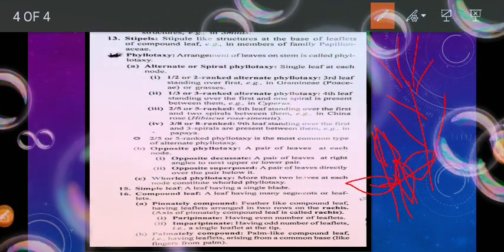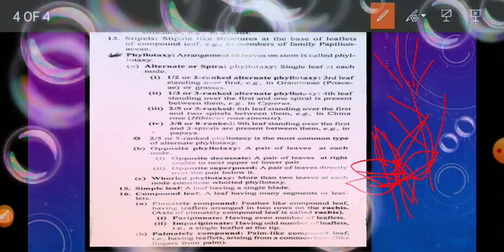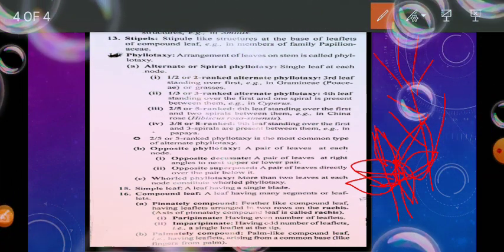And opposite superposed means a pair of leaves directly over the pair below. Then whorled phyllotaxy: more than two leaves at each node constitute whorled phyllotaxy.